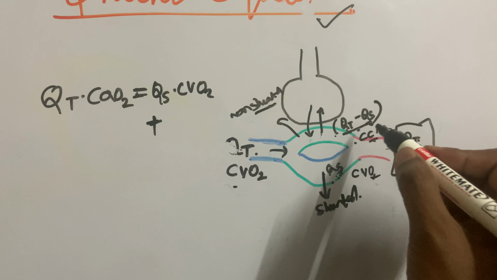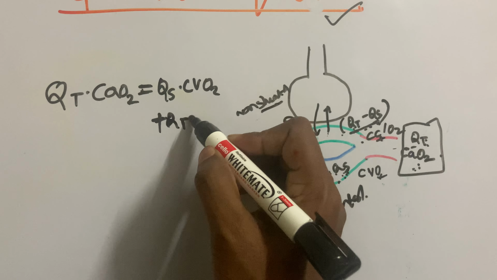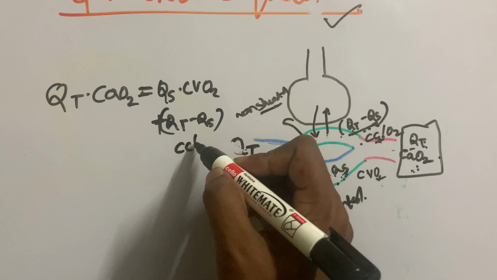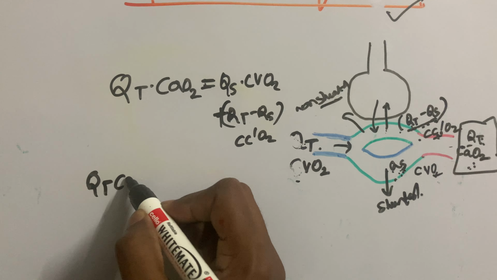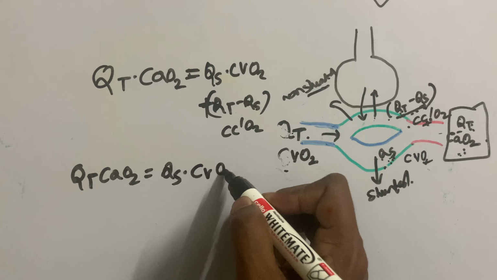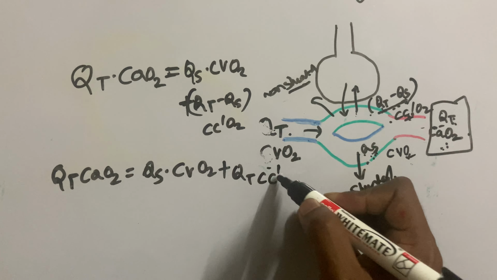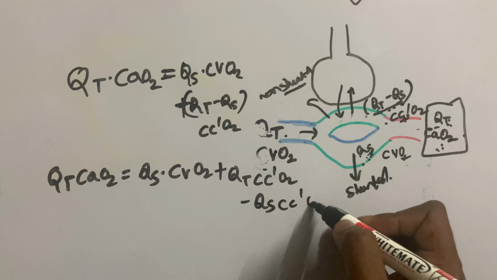Plus the flow through the non-shunted fraction, Qt minus Qs, into the end-capillary oxygen content C dash O2. So Qt CaO2 is equal to Qs CvO2 plus Qt C dash O2 minus Qs C dash O2.